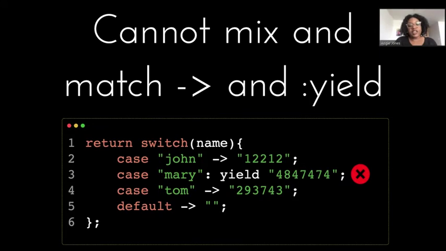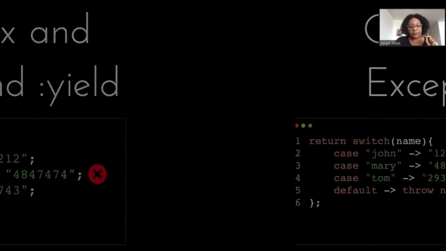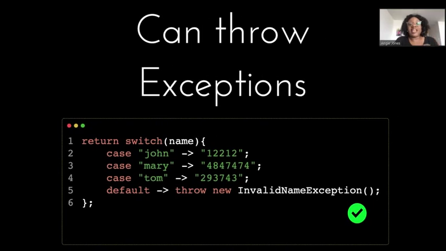You can use the yield with the arrows, like I said before, but only in cases like the last case where you're using the curly braces to execute multiple statements within the case. You can use any of the cases to throw an exception. Of course, if you throw an exception, then no value is being returned for ID in this case. Instead, the entire flow is interrupted by the exception.